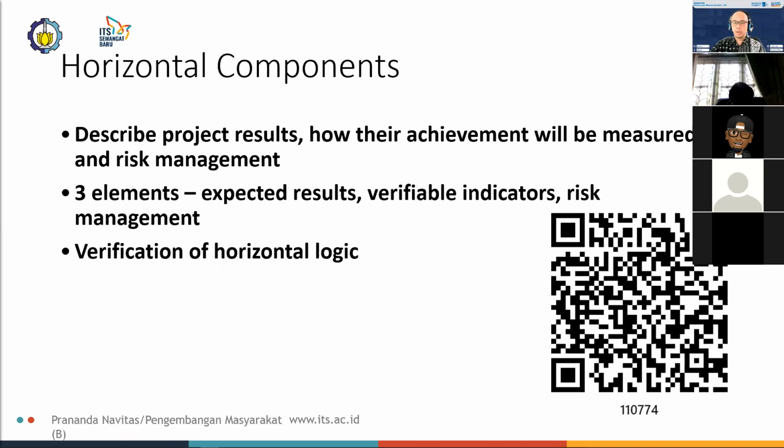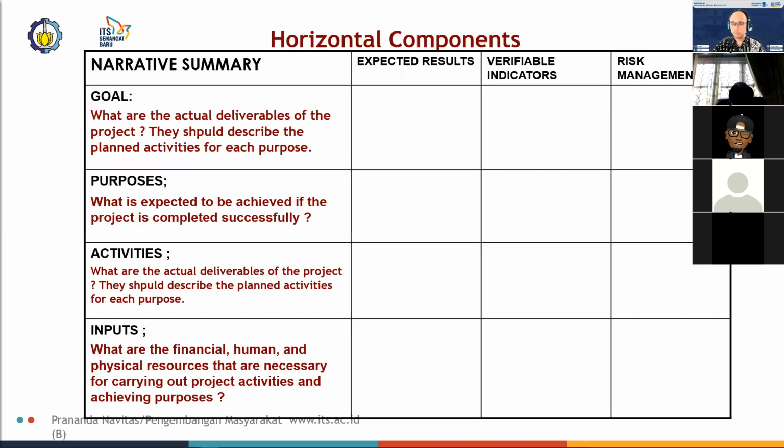But anyways, coming back to LFA, the horizontal components describe the project results. There are three elements there: expected results, verifiable indicators, and then risk management. And then, contrary to RBM, this is a verification of horizontal logic rather than vertical. So, first of all, it does look slightly different.